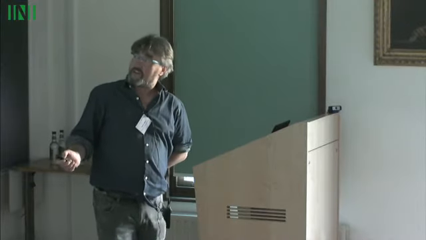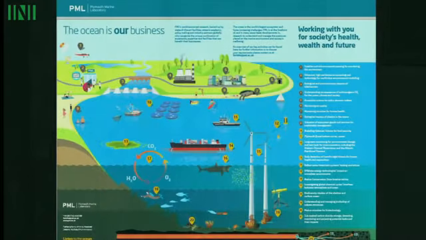So this is, I'm afraid, drawn from a piece of PML corporate blurb, but it's a rather nice diagram which shows a whole range of issues that you have to deal with here.